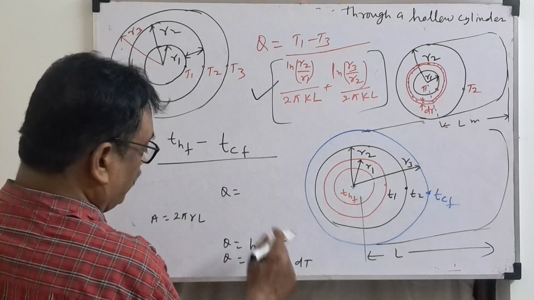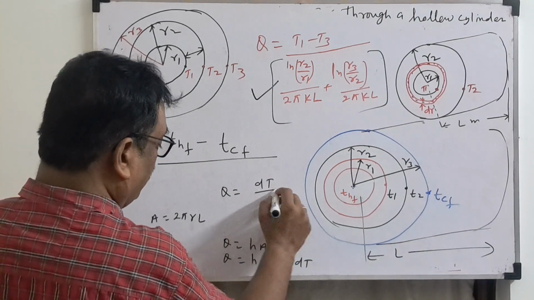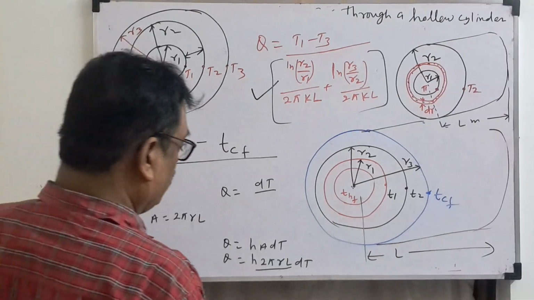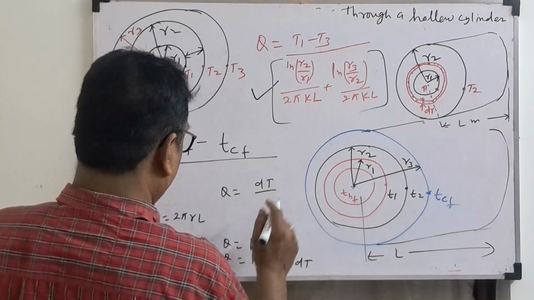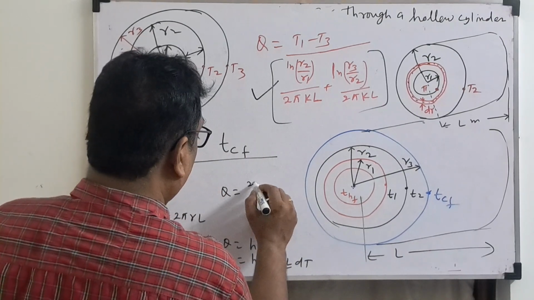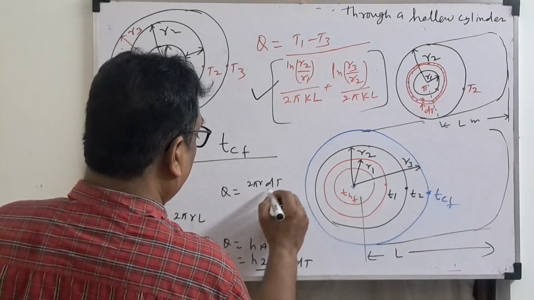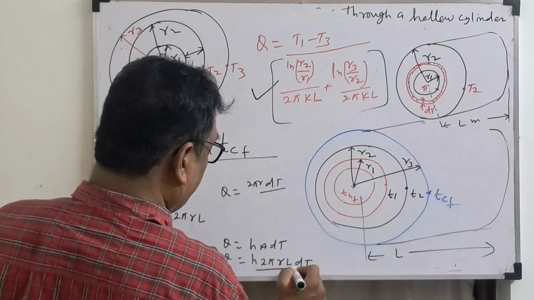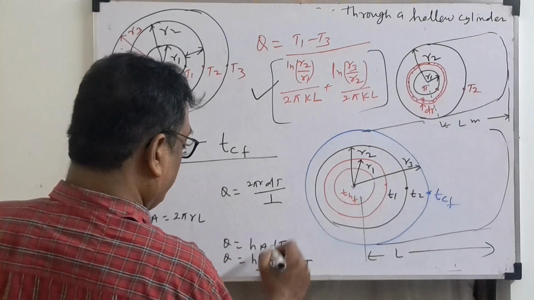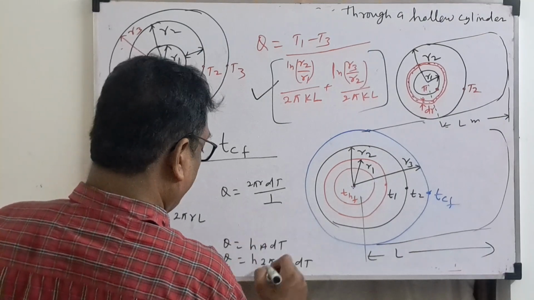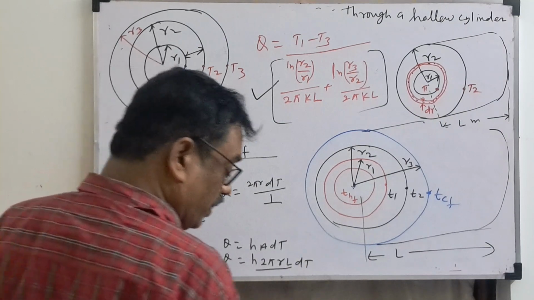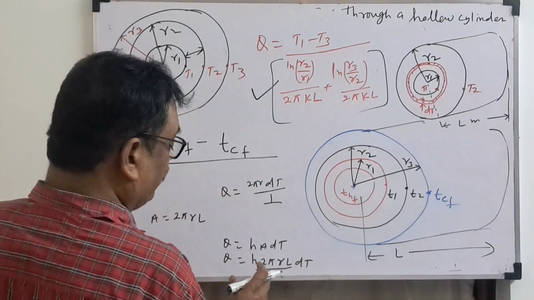See here, 2 pi R dT by, what will be there here? 1 by hA, or rather hL. So what will be there? 1 by convective heat transfer, no?